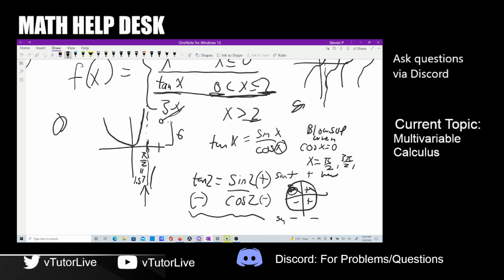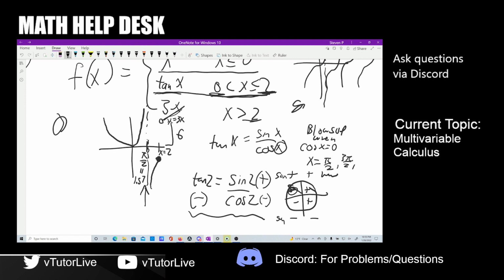Because we check the line, we know that at x equal to 2, tangent is still somewhere down here, whereas y equal to 3x is up here. So there's no way that these two touch, because one's negative and one's positive.